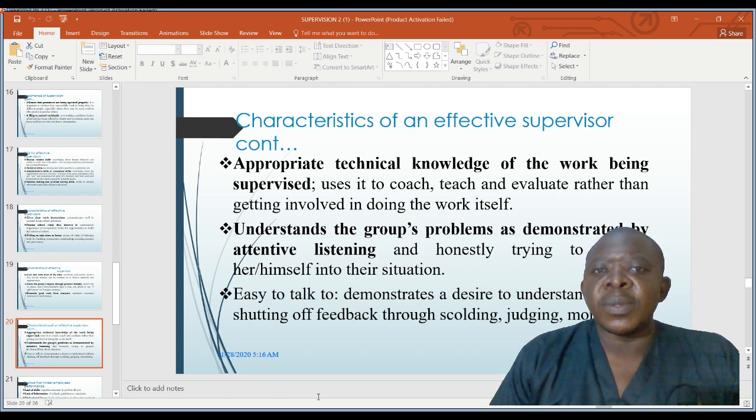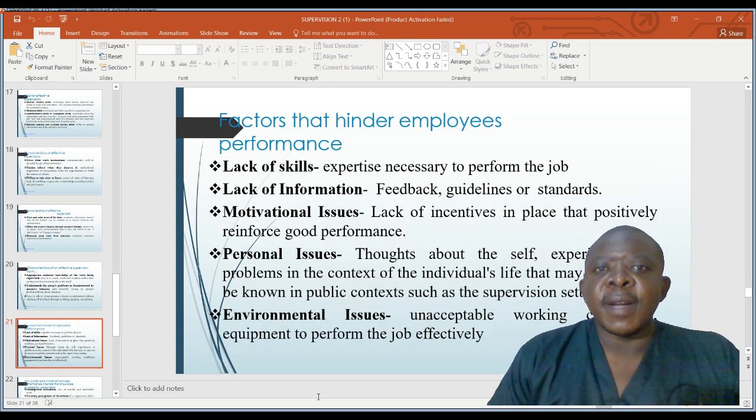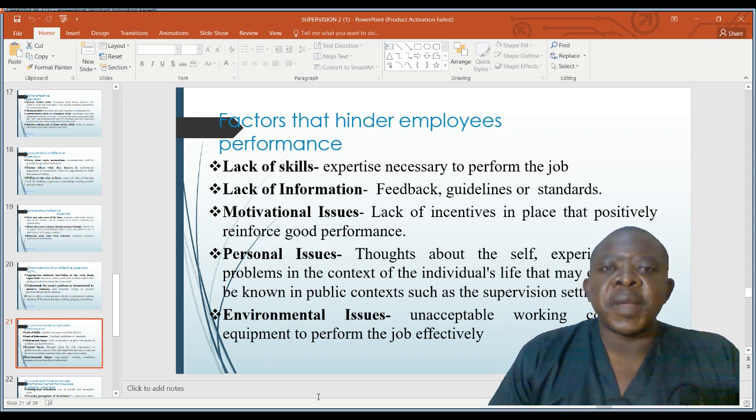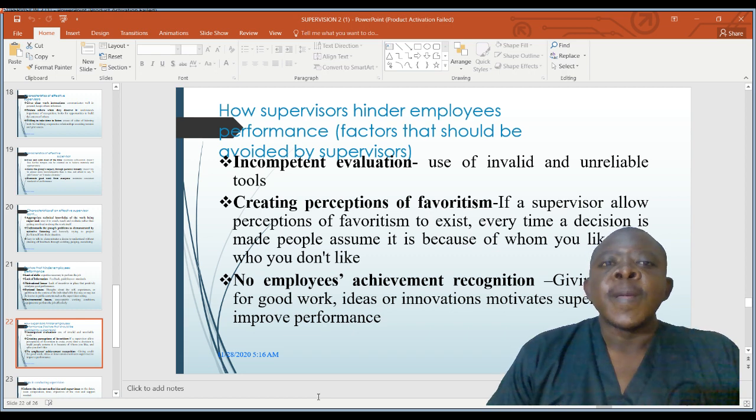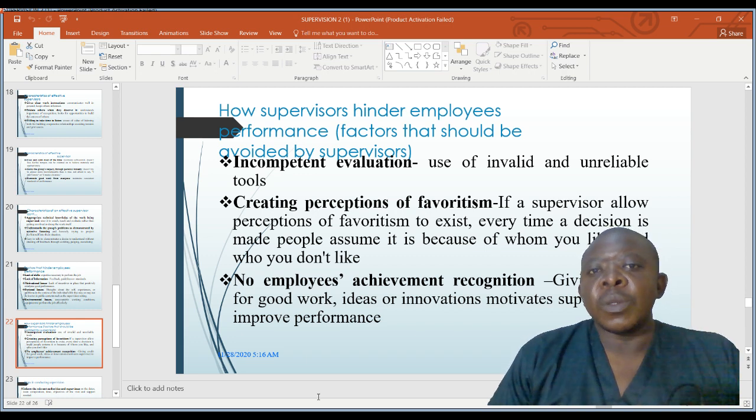Then we went on to look at factors that hinder employee performance. The factors bear on skill, lack of information, motivation, personal issues, or environmental issues. Then we also looked at how supervisors hinder employee performance. It can be incompetent evaluation.